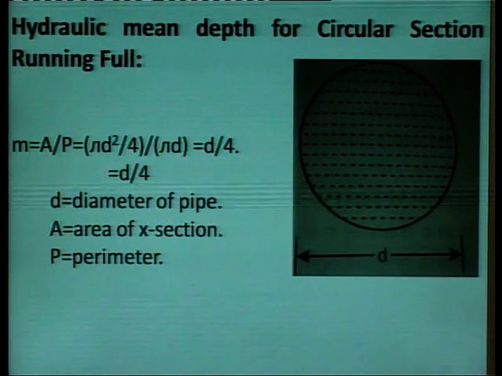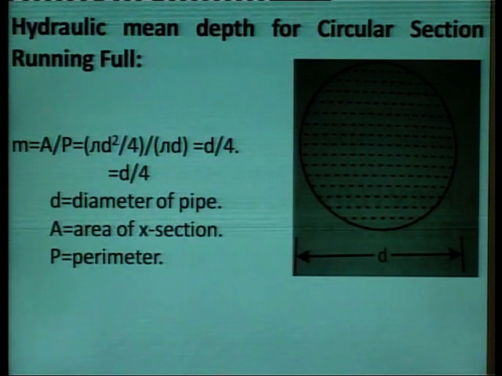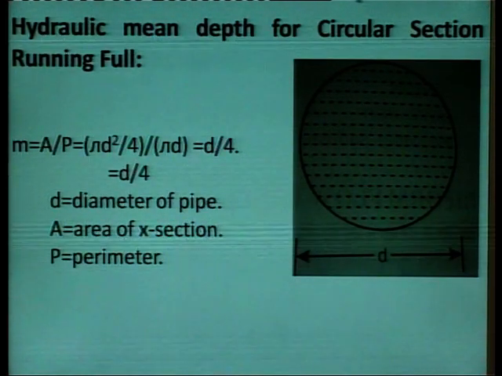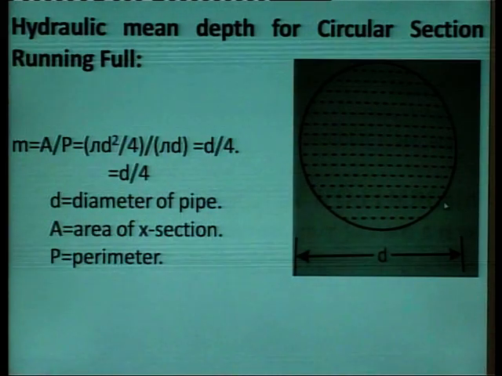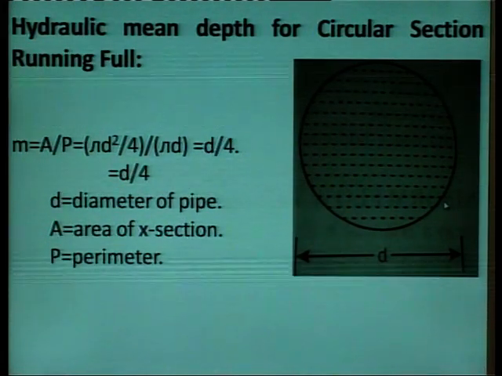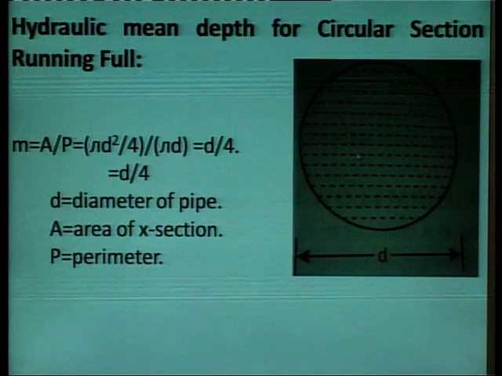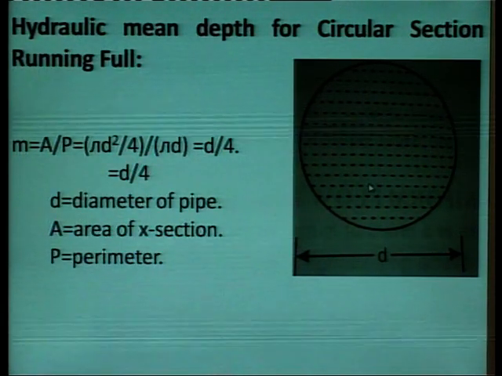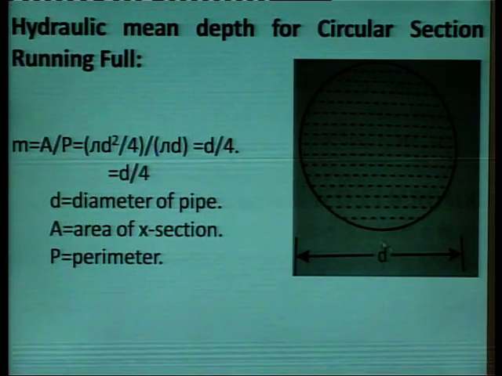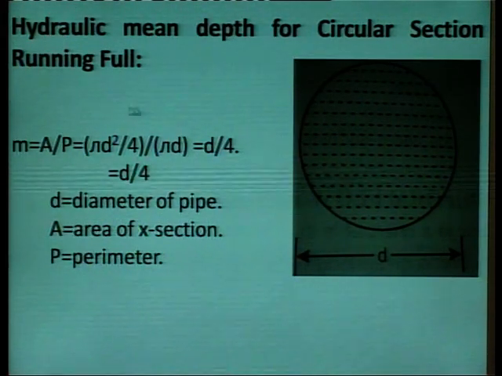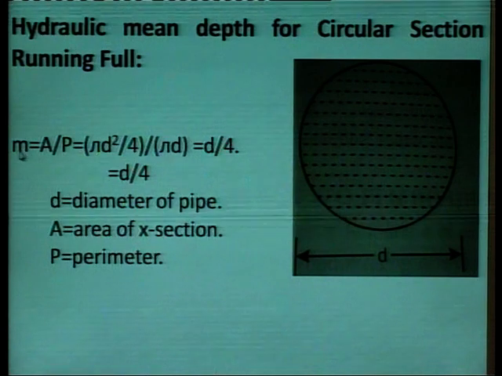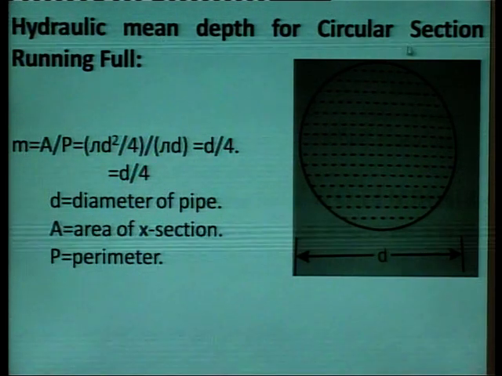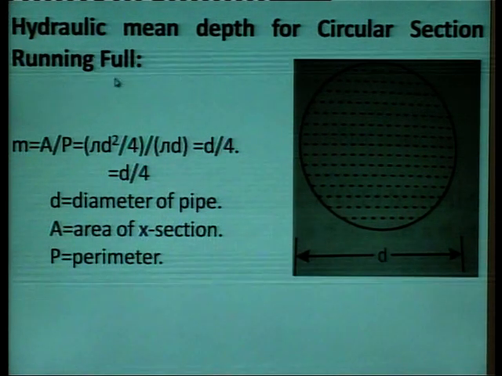The second one is hydraulic mean depth for a circular section. Now let us say that this is a circular section of the diameter D. In this case, we consider the hydraulic mean depth when the circular section is running full.